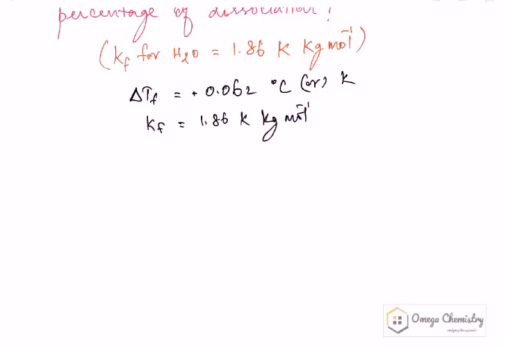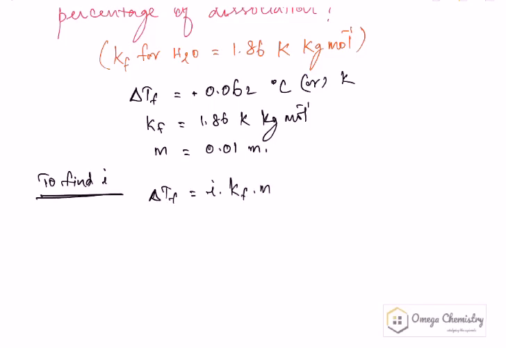And the molality has been given, it is 0.01 molal. So I am going to find out i. I know that delta Tf is equal to i into Kf into molality. So upon rearrangement, i can be written as delta Tf by (Kf into molality).